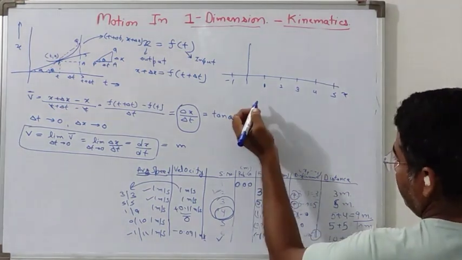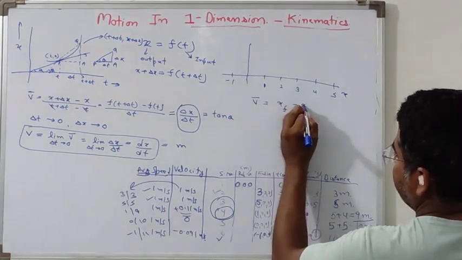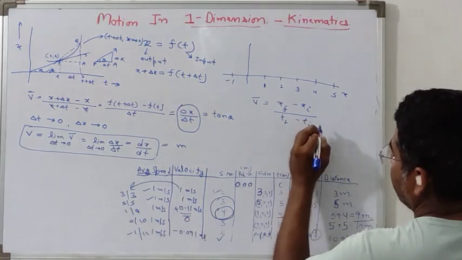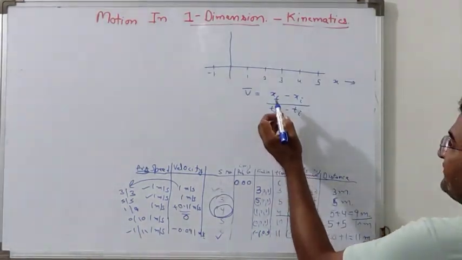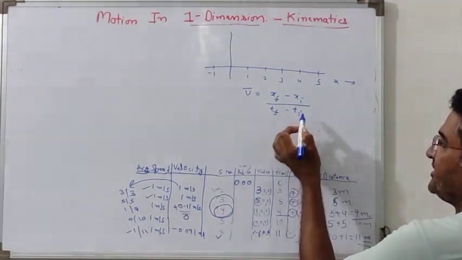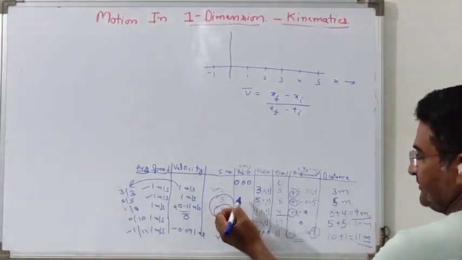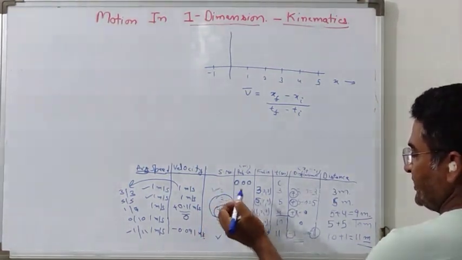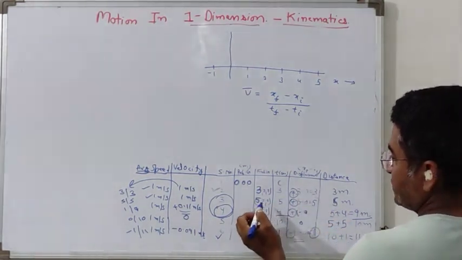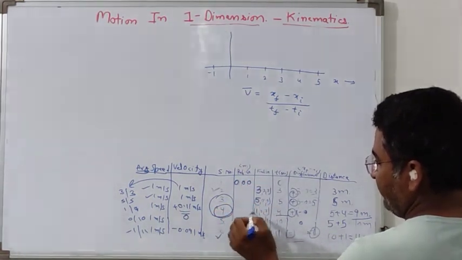So suppose we have already defined that average velocity is xf minus xi divided by tf minus ti. Here xf is the final position, xi is the initial position, tf is the final time, ti is the initial time. So now we consider the motion between data point 3 and 4, where the time was 5 and 9 seconds. So we can see the position at data points 3 and 4.